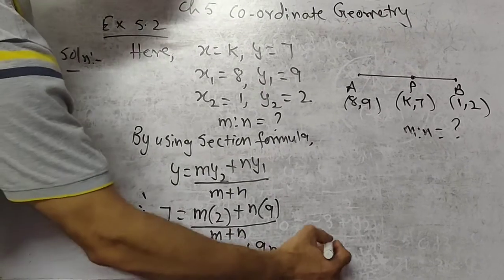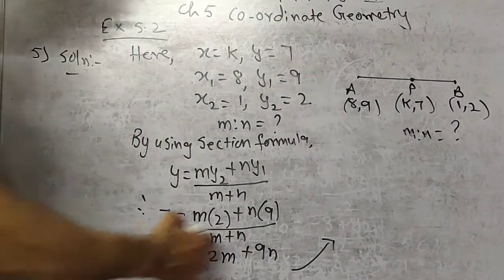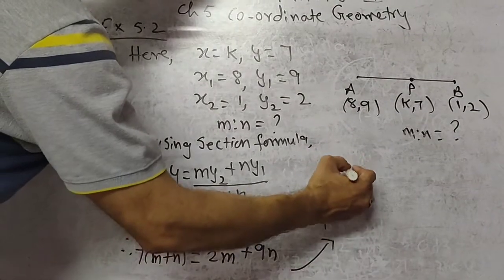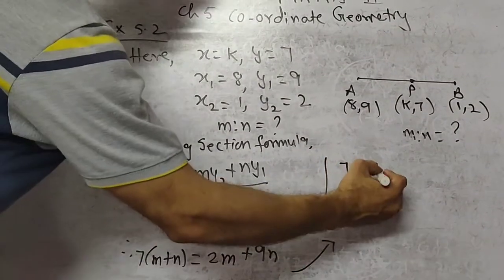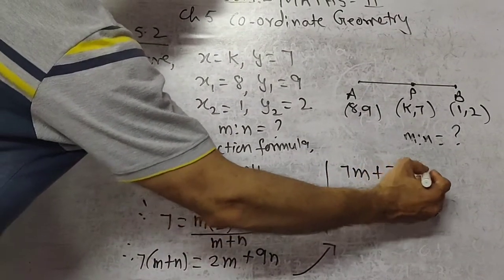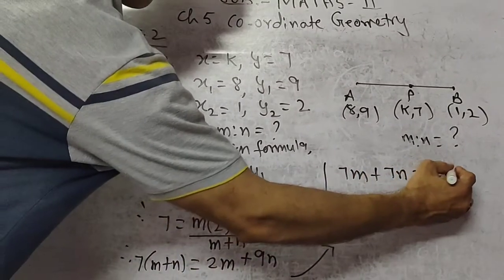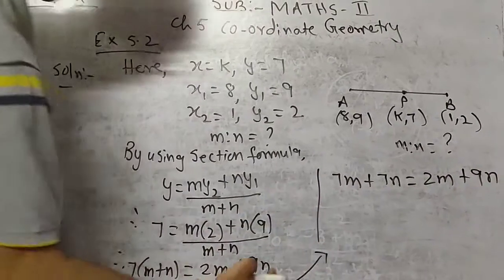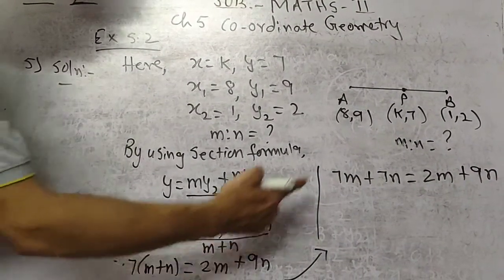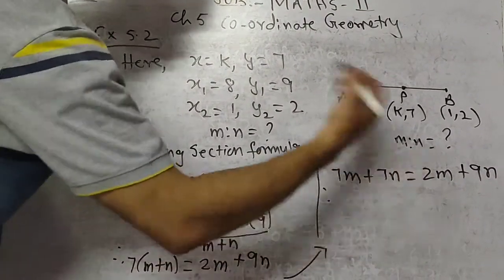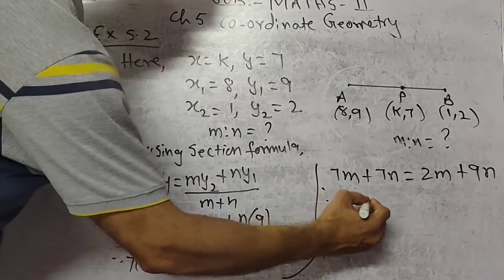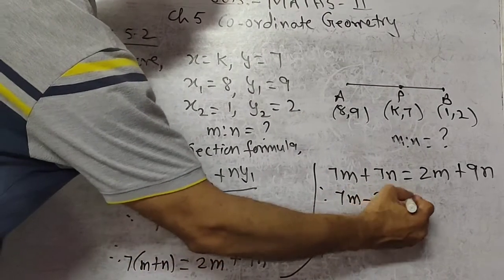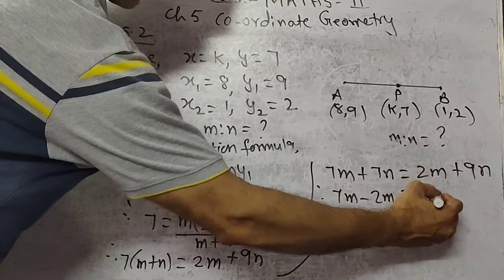Okay, I am writing it here. 7m plus 7n is equal to 2m plus 9n. Okay, 7 into n, 7m, 7n. Therefore, m on one side, 7m minus 2m is equal to, what is remaining now? 9n is remaining.